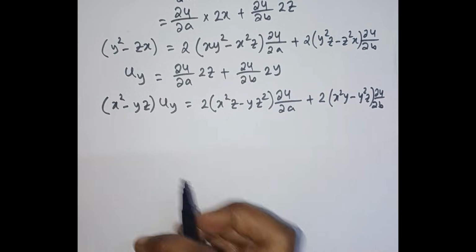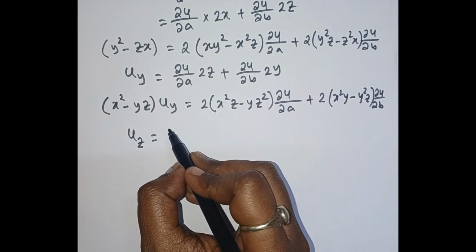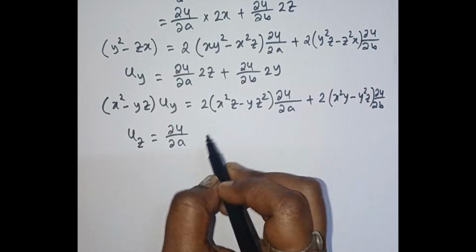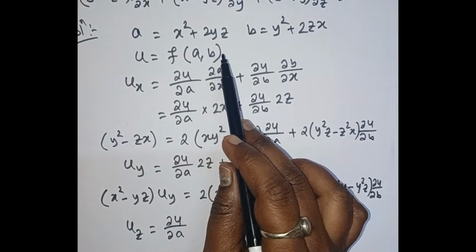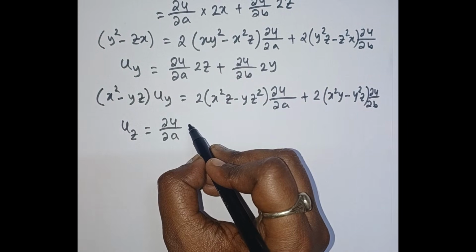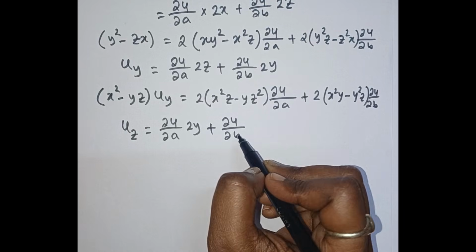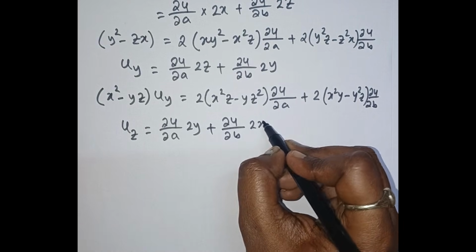And the last one is we have to calculate uz or ∂u/∂z, which is ∂u/∂a and ∂a/∂z. ∂a/∂z will be 2y and ∂u/∂b and ∂b/∂z is 2x.